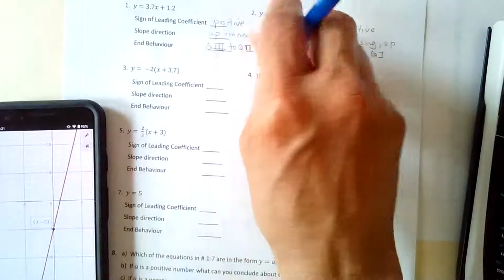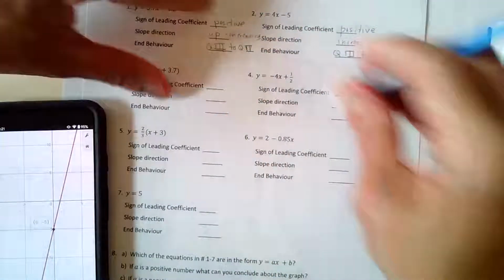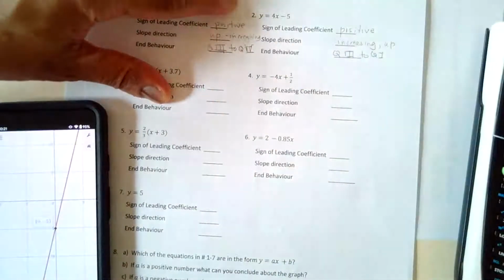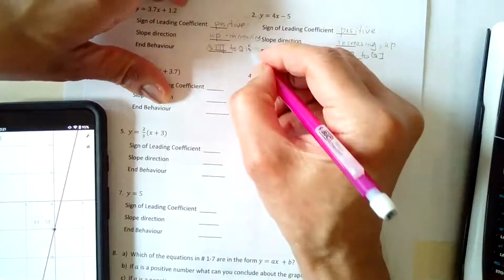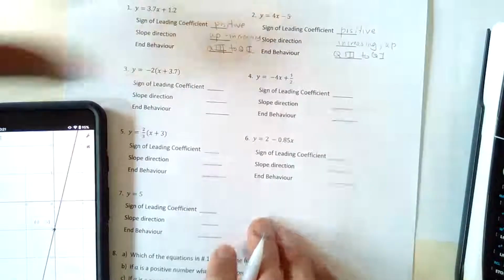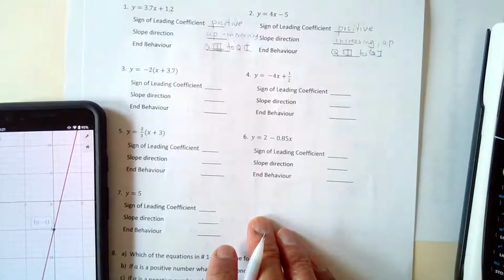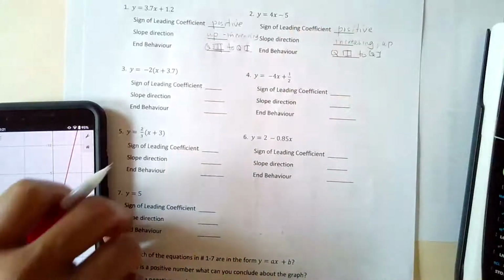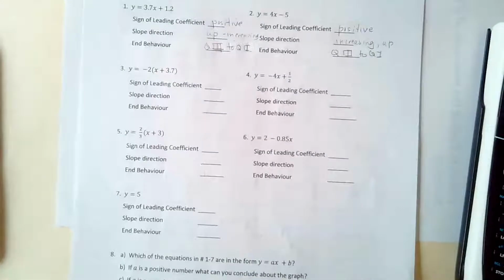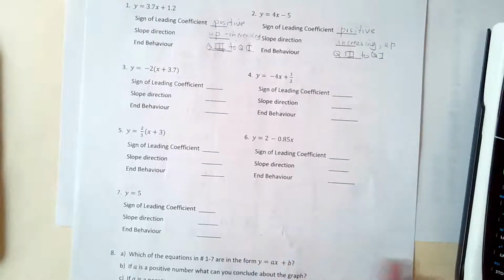Oops, this one I have quadrant 4. It should be wrong. It's not quadrant 4, it's quadrant 1. Okay, sorry about that. Next, let's go on to the next.